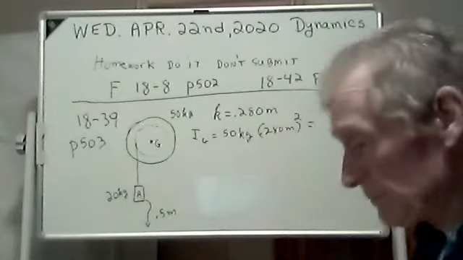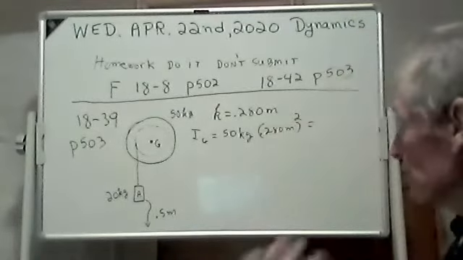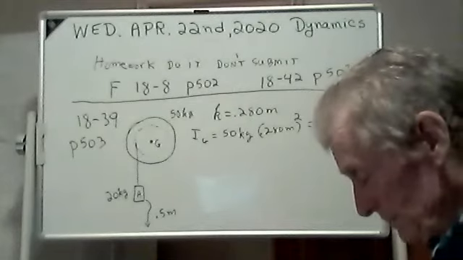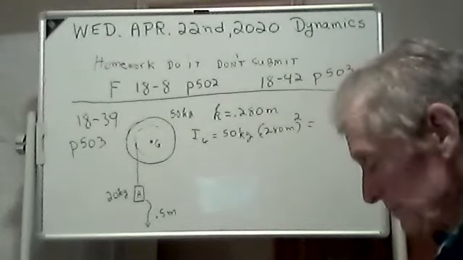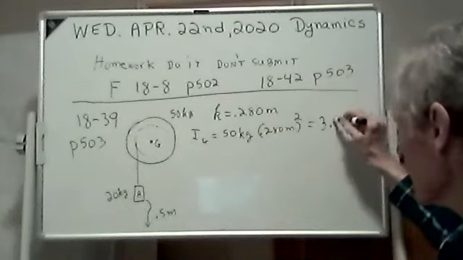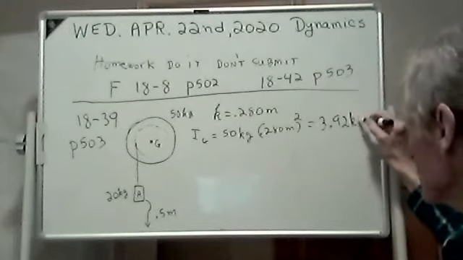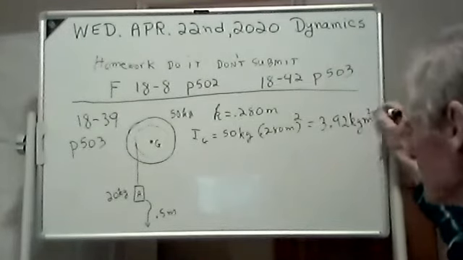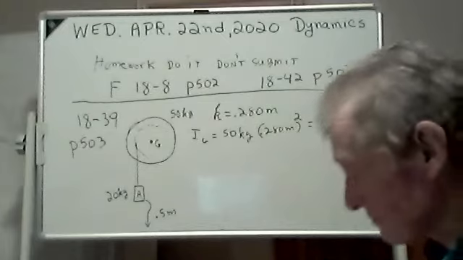Let me get that. Okay, here goes. 50 times 0.28 squared. I'm getting 3.92 kilogram meter squared. Okay, we got IG.